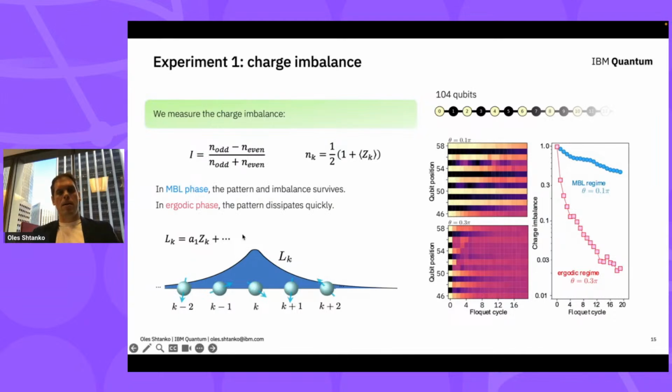Why? Because, as you'll see in the next slides, your integrals of motion are actually sums of Paulis, but the largest contribution comes from the Pauli Z operator. The conservation of LK is essentially a very rough conservation of the Pauli Z operator. Therefore, conservation of Z order is a very good hint that you have conservation of LK. Some kind of cheap version of the experiment we're doing next.